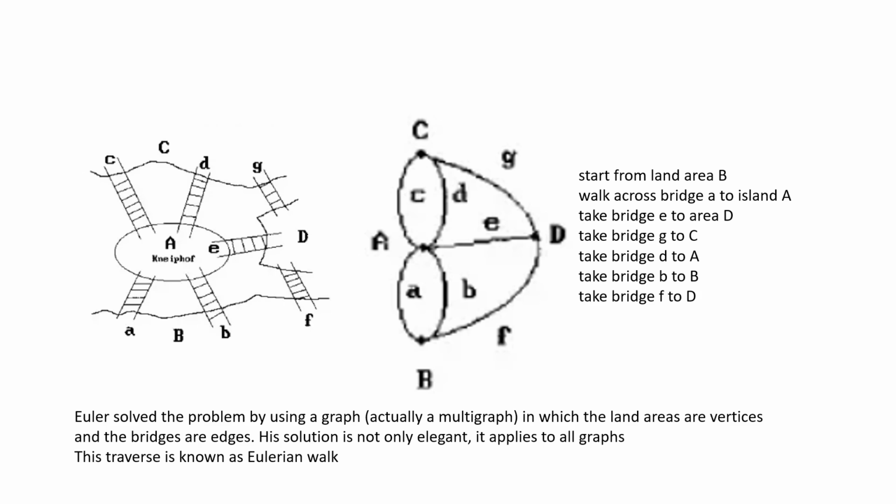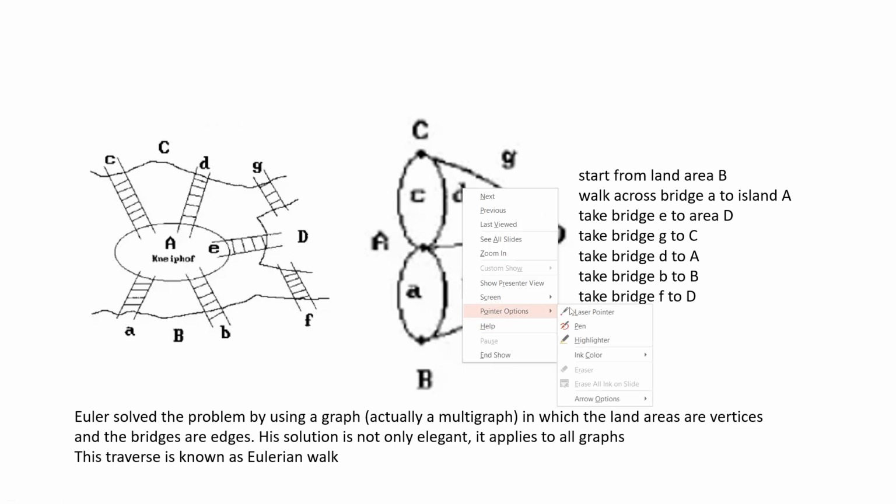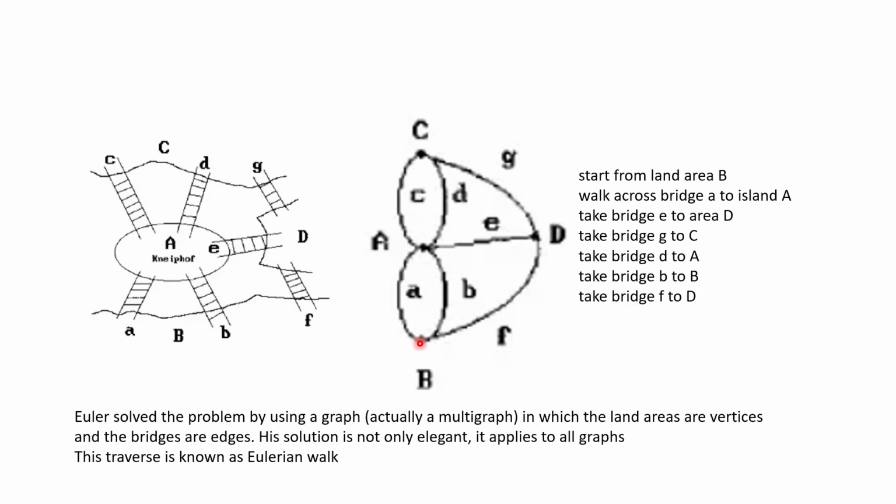Starting from the land area B, B travels to A through bridge a, then through e to D, through g to C, through d back to A, and from B through f to D. You can see one more edge is missing.